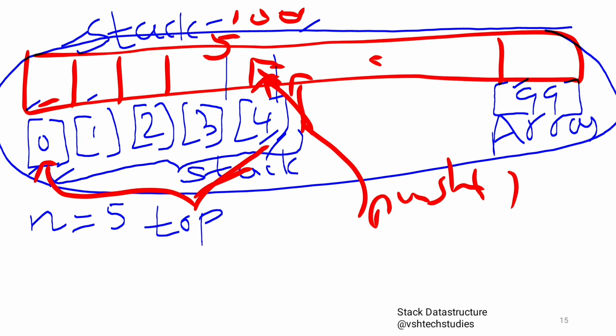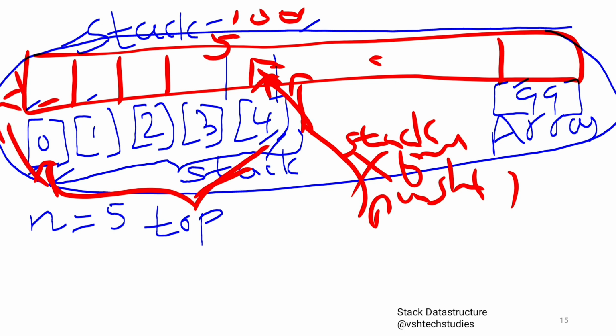So then stack full, this push operation cannot be done, and the stack full message we will display. If top is -1, then there is no stack; though 5 memory locations are defined, nothing is stored, the stack is empty. So that we have to display when top is -1.